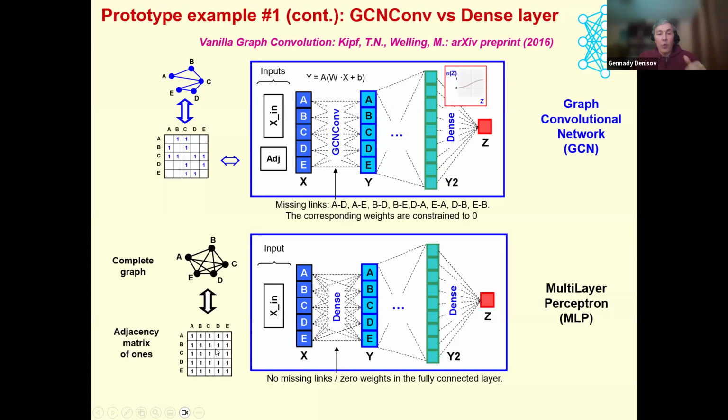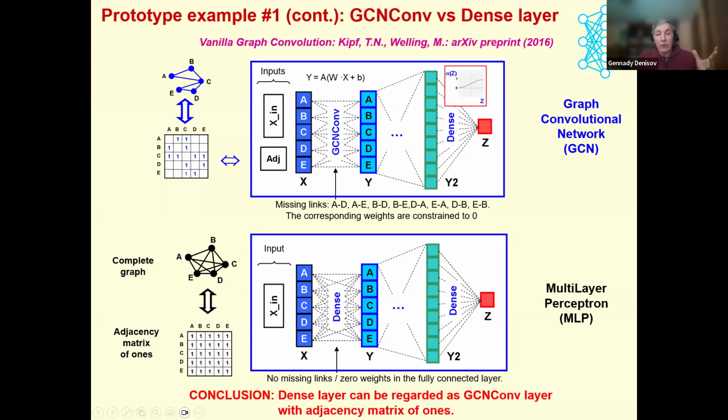All the elements are ones, and that corresponds to the complete graph. So the main conclusion from this slide: a dense layer can be regarded as a graph convolutional layer with an adjacency matrix of ones. And by the way, the graph convolutional layer which I discussed here was first published by Kipf and Welling, and then implemented in a software package, Spektral, which I will mention later on in the class.